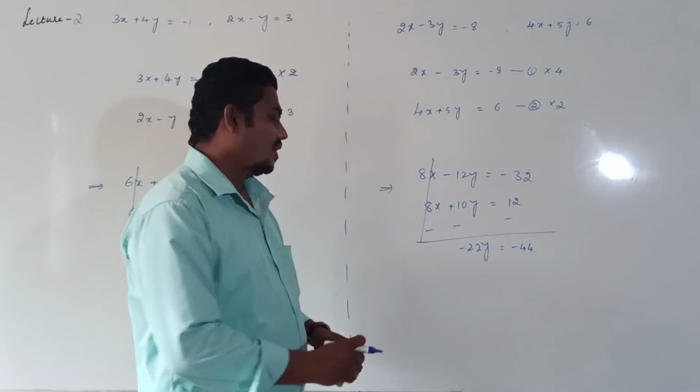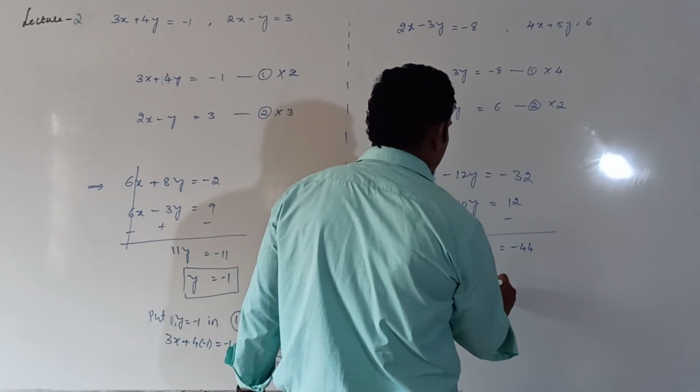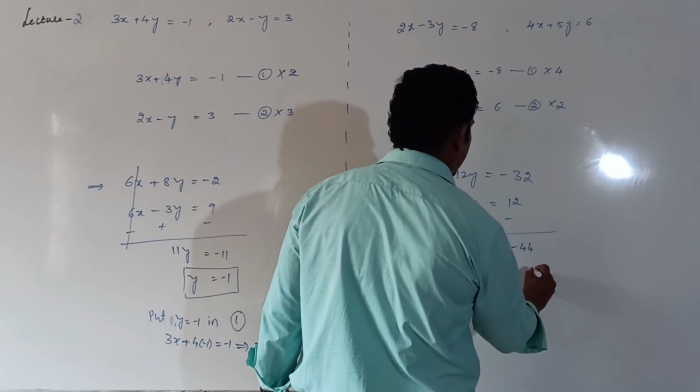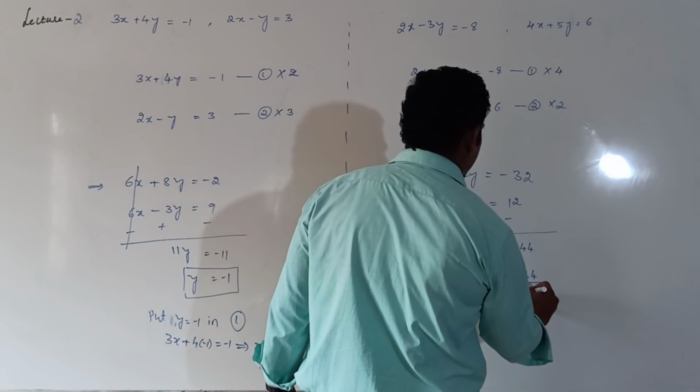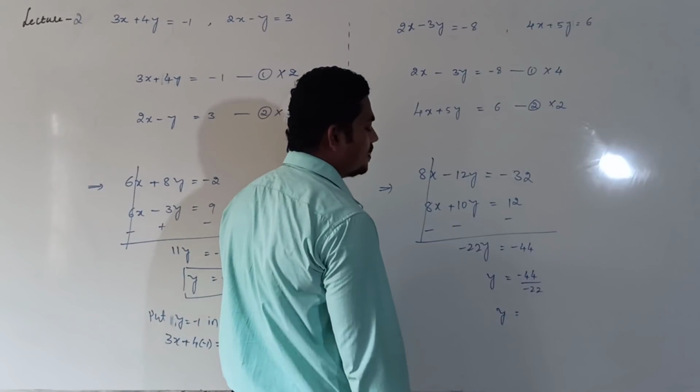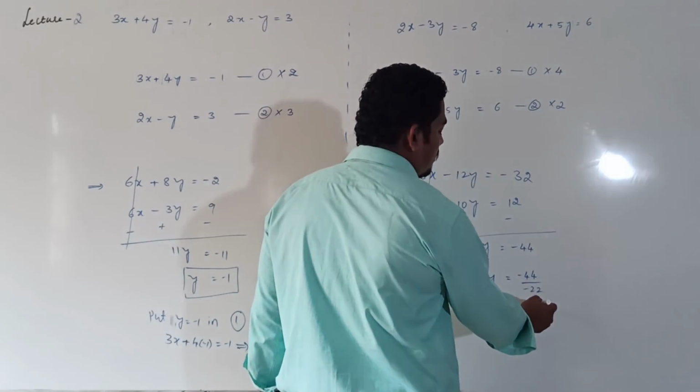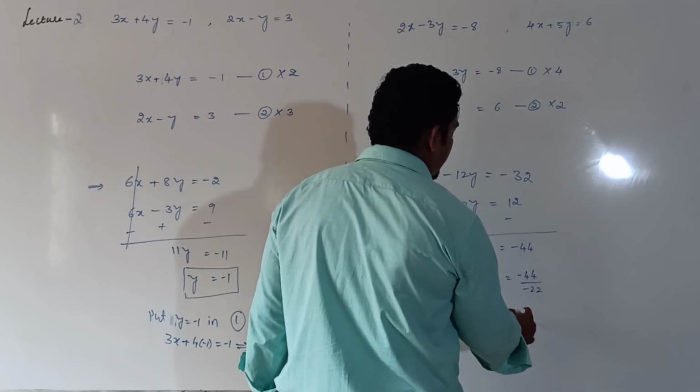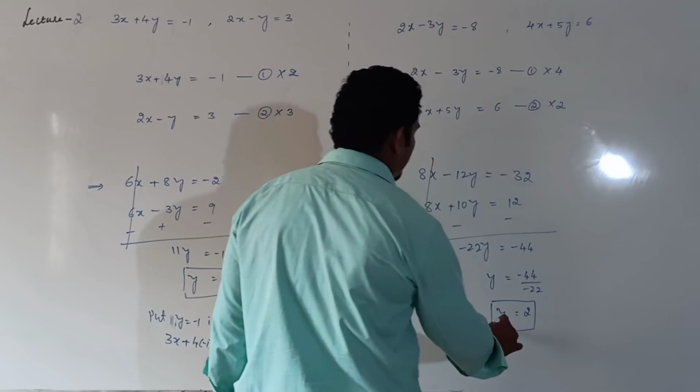So y equal to minus 44 divided by minus 22. 22 ones are 22, 22 twos are 44, so y value is 2.